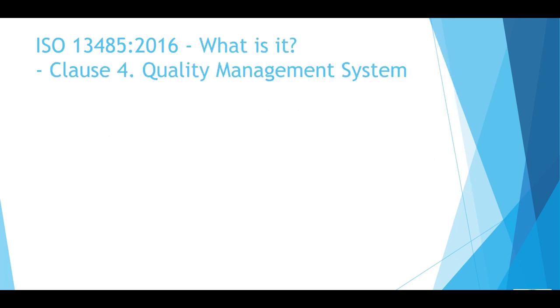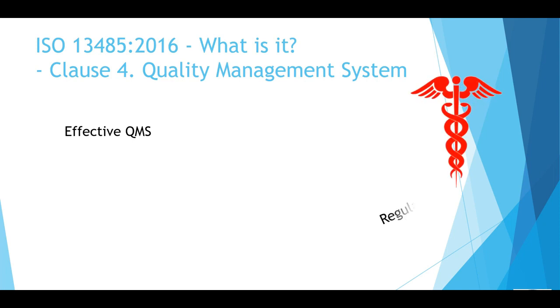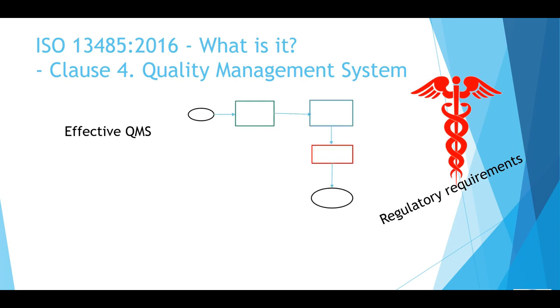Clause 4 is an introductory section describing some general requirements, starting with the need to have an effective quality management system, or QMS, that meets regulatory requirements for the type of medical device and the requirements of the ISO 13485 standard itself. You have to identify the processes that make up the QMS and show how they are interconnected and controlled using a risk-based approach.